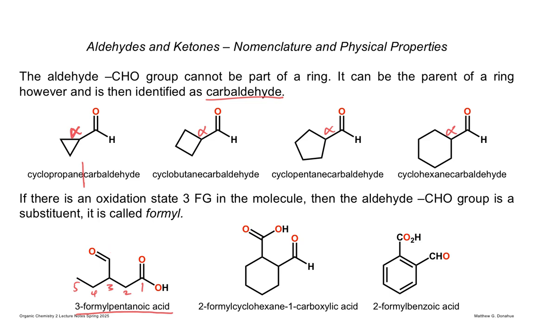Now the issue is, and I'll write in blue, that's oxidation state 2 and that's 3. So when you have to name these compounds with higher oxidation state, the highest one gets the parent. So that's why it's called pentanoic acid. And then the aldehyde is just a substituent.